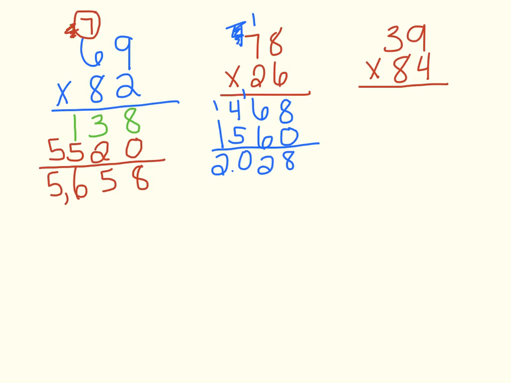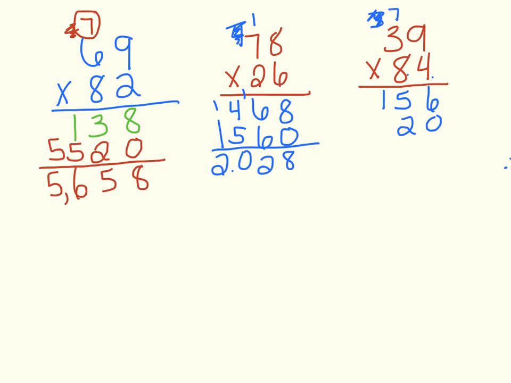Then I move over to the next problem. 9 and 4 is 36. And then 4 multiplied by 3 is 12, plus 3 would be 15. I can get rid of this, put down my 0 place marker because I'm moving over. And I go on to the 8. 8 multiplied by 9 is 72. Put down the 2, carry the 7.